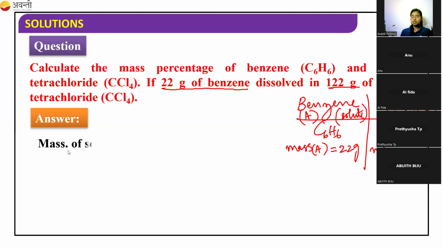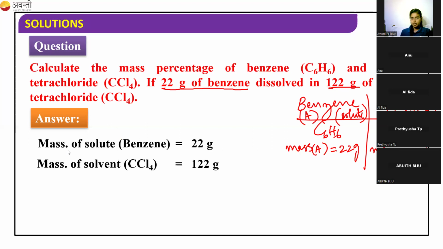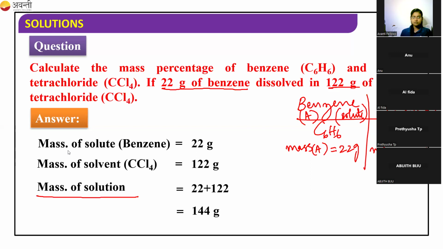So the mass of the solute, which is benzene, is equal to 22 gram and the mass of the solvent is equal to 122 gram. Now the mass of the solution is solute plus solvent. So 122 plus 22, which is equal to 144 gram. This is how we are calculating the mass of the solution. Why did I find out this mass of the solution?